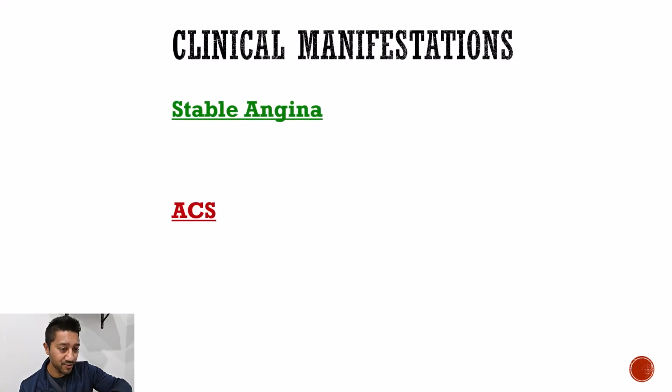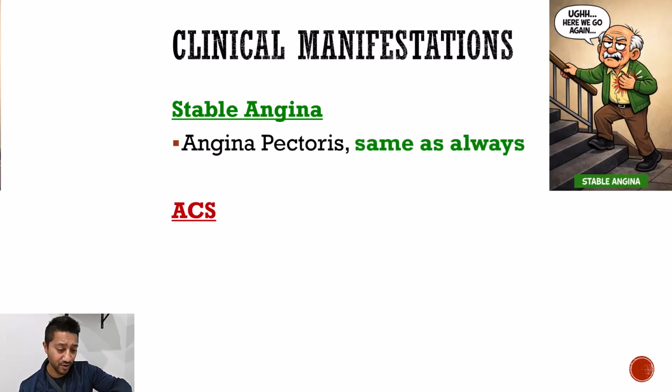We find that patients presenting with stable angina have symptoms that are pretty much the exact same as what they've usually had in the past. For example, that patient might complain of chest pain that occurs every time they walk up a flight of stairs, but this pain always has the same features every time. For example, it's the same intensity, it lasts for the same amount of time, etc.